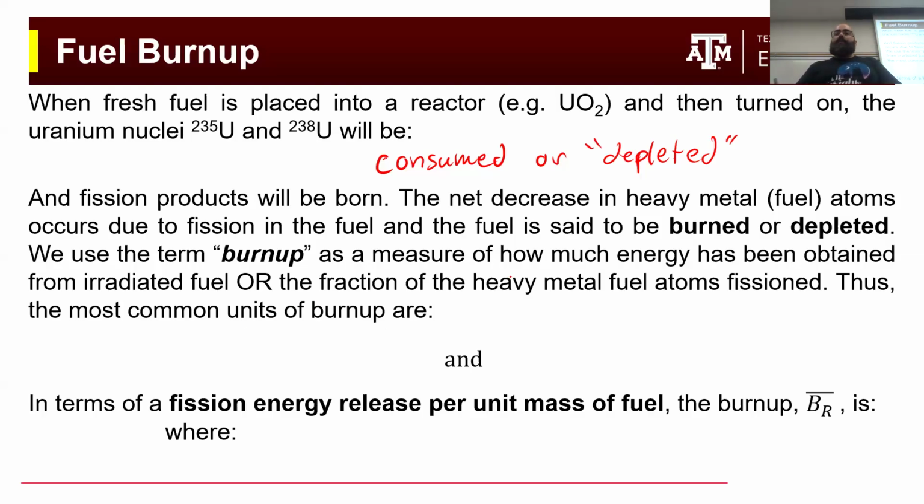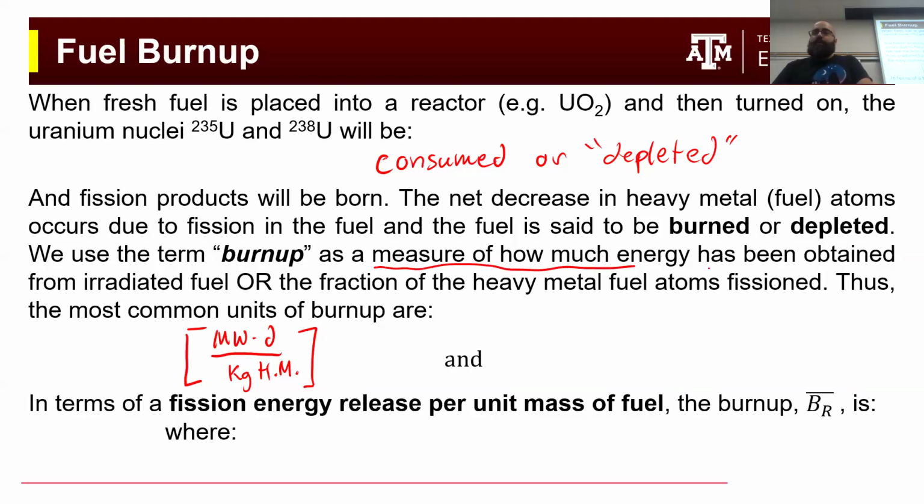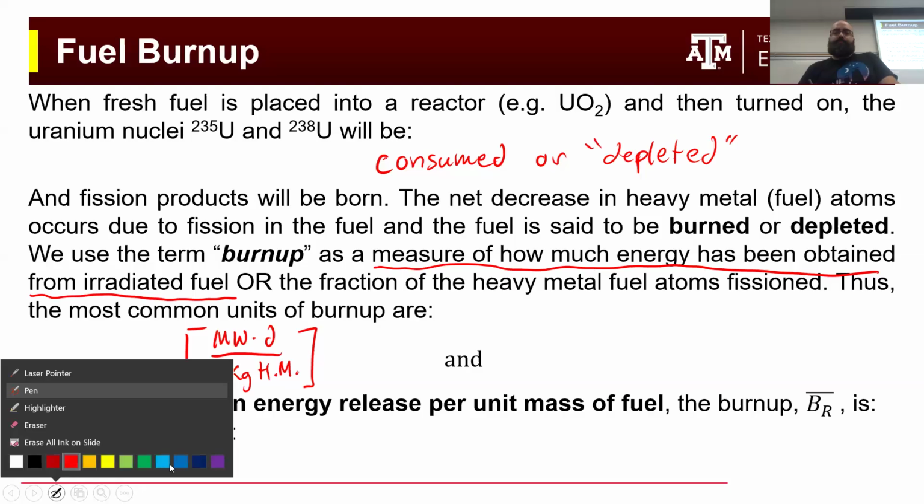If we talk about it in that first context of energy use, we use units of megawatt days per kilogram of heavy metal. So that's definition one, a measure of how much energy was obtained from the fuel per unit fuel loading.